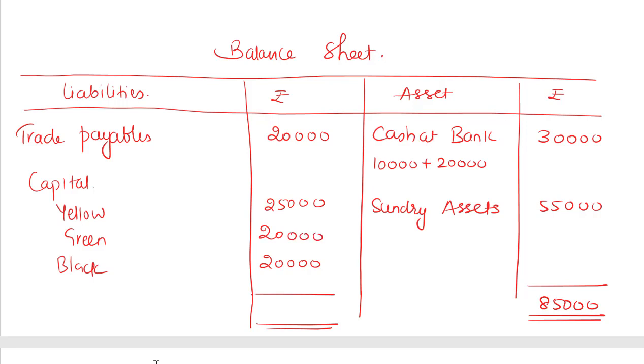It would be the same because they have withdrawn the goodwill, so the capital account will decrease and reinstate to where it was. Yellow's capital account is 25,000, Green's is 20,000, and Black's is 20,000. Balance sheet totaled at 85,000. I believe you understood.